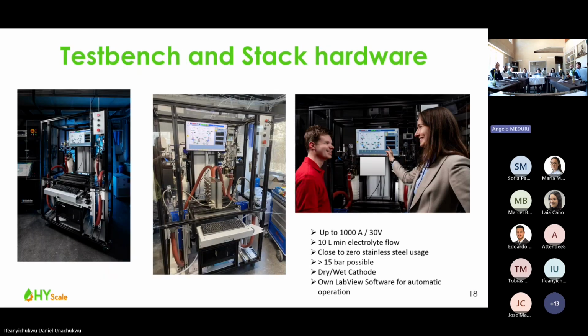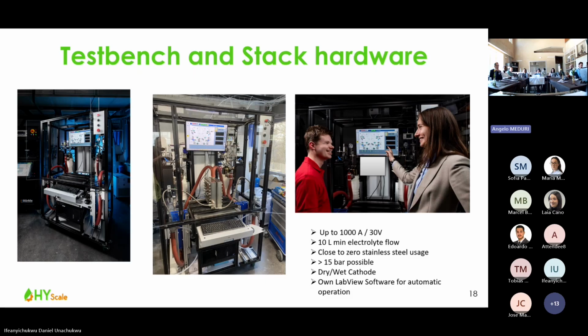Okay. Then our test bench is shown here. It works up to 1000 amps, 30 volts, and 10 liters per minute. But what we are really proud of is that we are really close to zero stainless steel in our test bench, so we have coated with silicon carbide. We have found some nice tubes that can hold up a pressure of up to 15 bar or even higher.